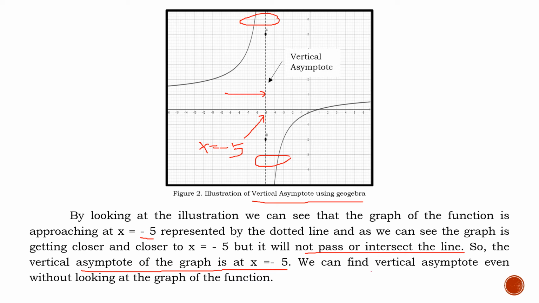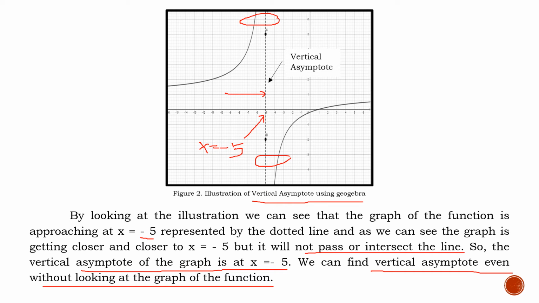We can find the vertical asymptote even without looking at the graph of the function. Because by simply looking at this, we can look for the value or the equation of a line that will represent your vertical asymptote.